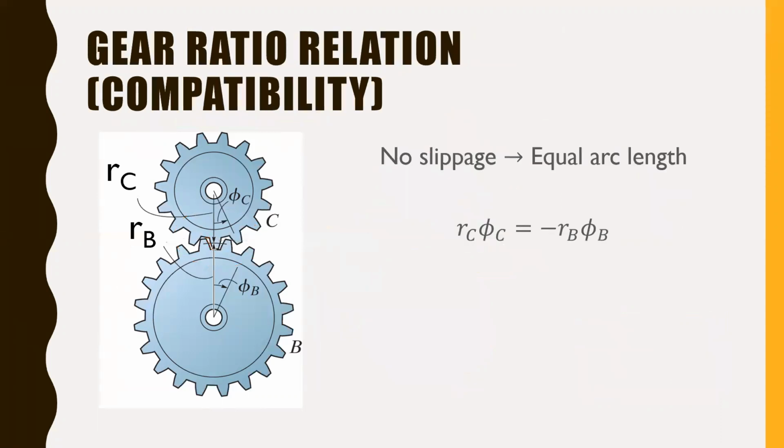Gear ratio. So if that first one relates to equilibrium, this one relates to compatibility. The gear ratio is talking about how these two gears rotate together. We acknowledge that they will rotate in opposite directions, and that's why I have this negative sign here. That negative sign is to remind us that an angle measured clockwise is the opposite of an angle measured counterclockwise.